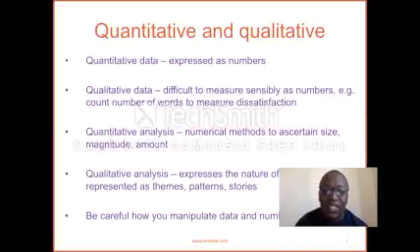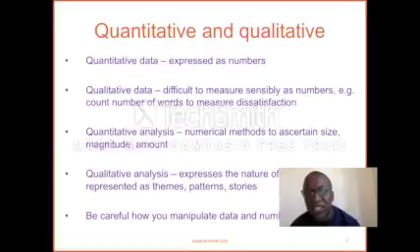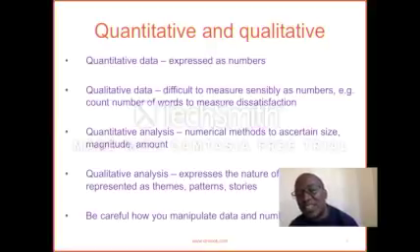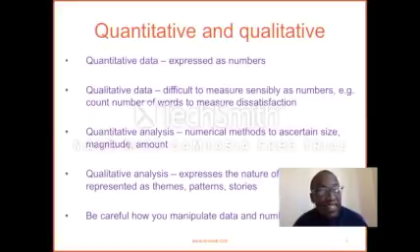Okay, so qualitative analysis expresses the nature of elements and is represented as themes, patterns, stories. Whereas quantitative analysis has numerical methods that can be used to ascertain size, magnitude, amounts. Because remember, with quantitative, we're dealing with numbers, so these are easy to measure.